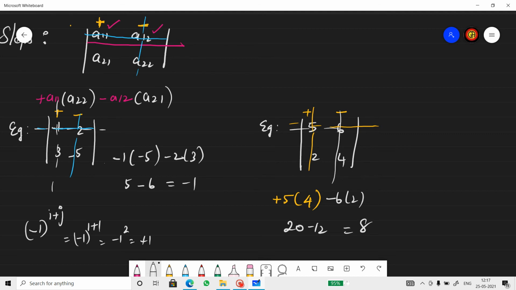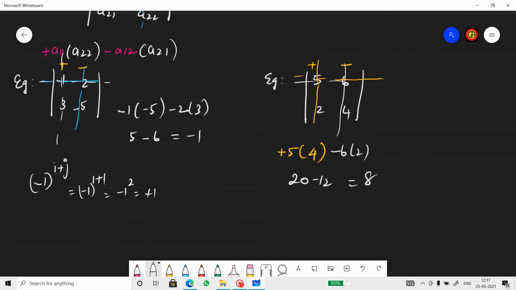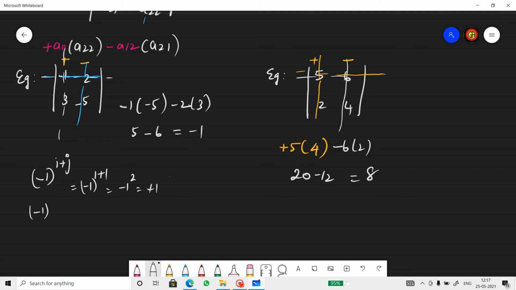Whereas when I go for this element, it's minus 1 to the power of 1 plus 2. So that's minus 1 to the power of 3, and that's minus 1. So you get plus here and you get minus here because it is minus 1 to the power of I plus j.